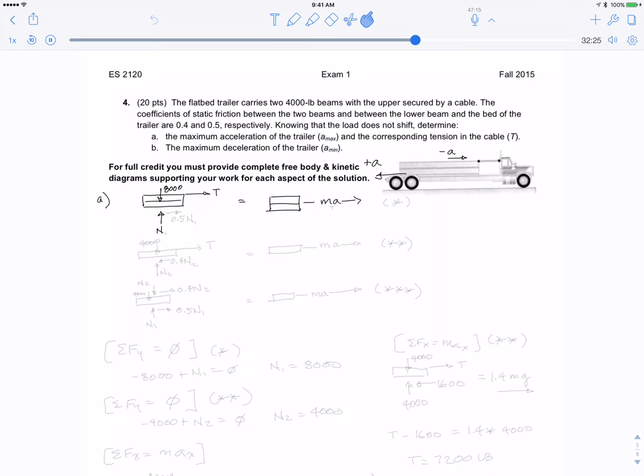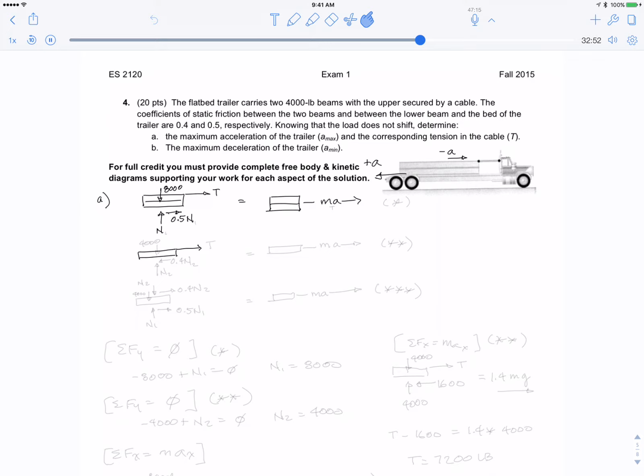Remember the bottom beam is sliding out, so the friction is opposing it this way. And so the friction on the bottom was 0.5 times N, because it is on the verge of sliding. Okay, then I did just the top one like this.